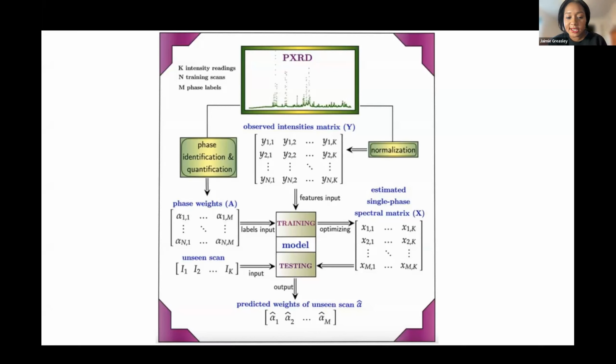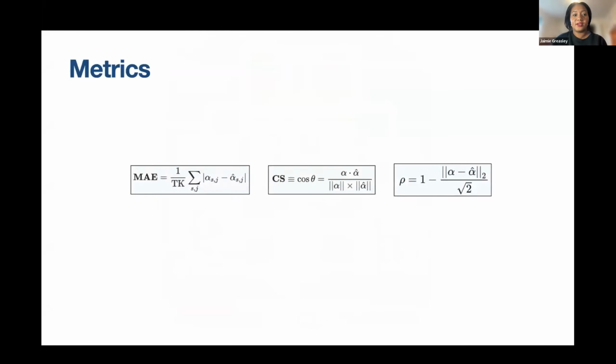Then we do some testing, and we can put in an input scan and get the output alphas. So we train with alphas and with the spectral data, the y's, the features input, and we get this optimal spectrum attributed to the phase.